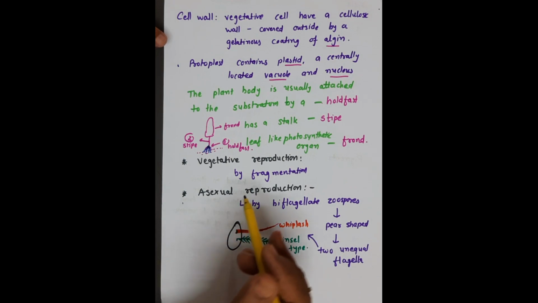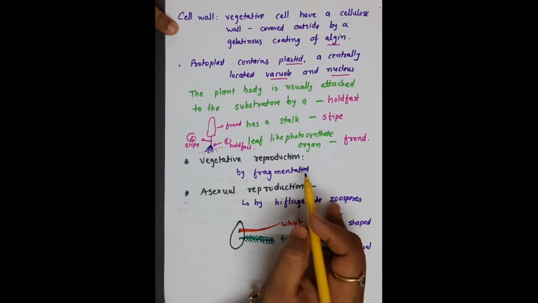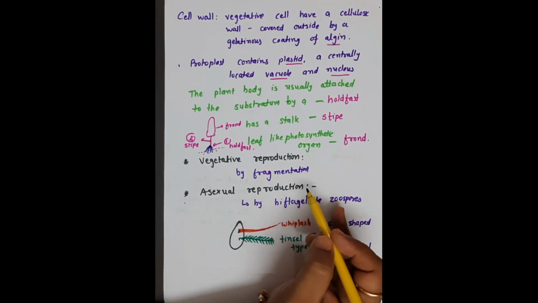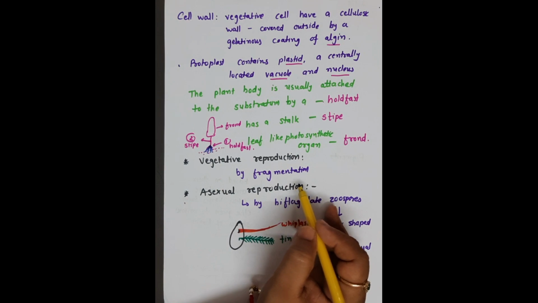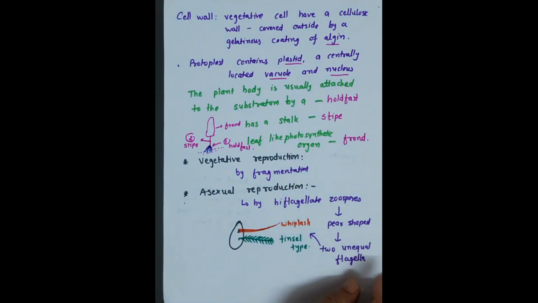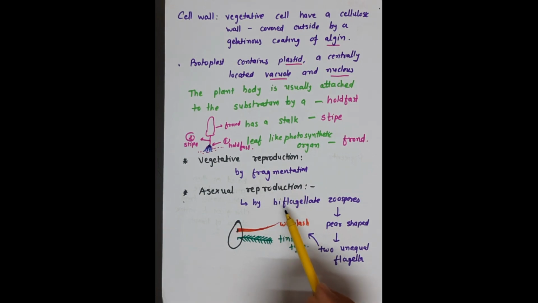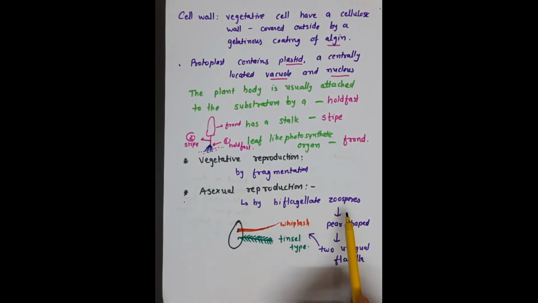Now let's talk about reproduction. Vegetative reproduction occurs by fragmentation, where a part separates and converts into a new plant. Then asexual reproduction is by biflagellated zoospores. Zoospores are formed but they are biflagellated, meaning they have two flagella. The zoospores are pear shaped.